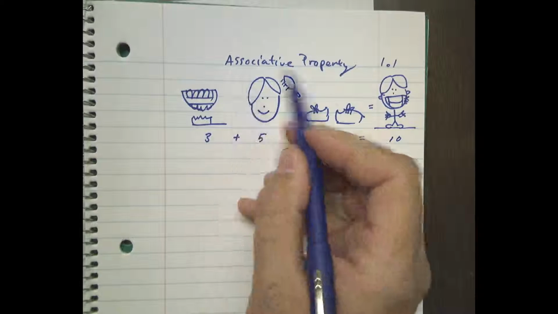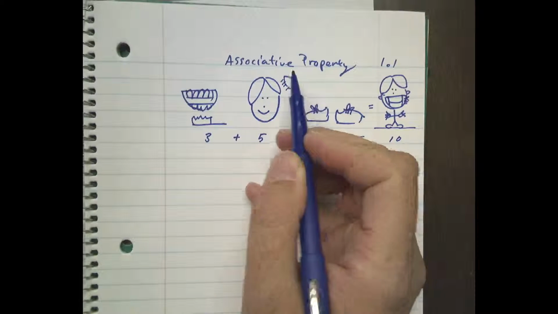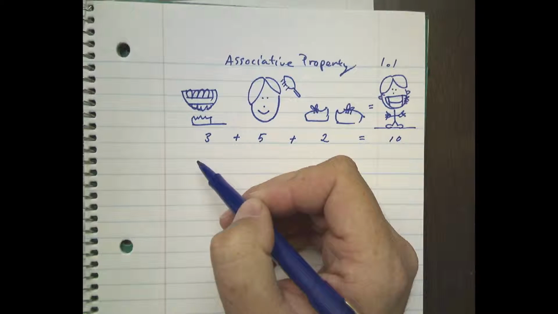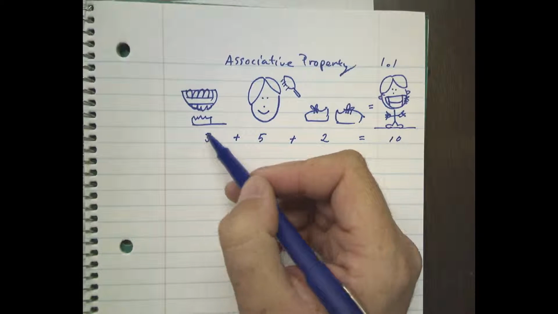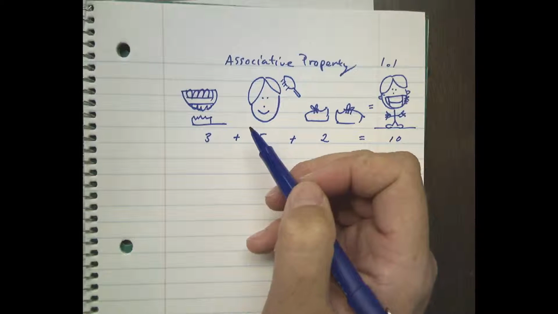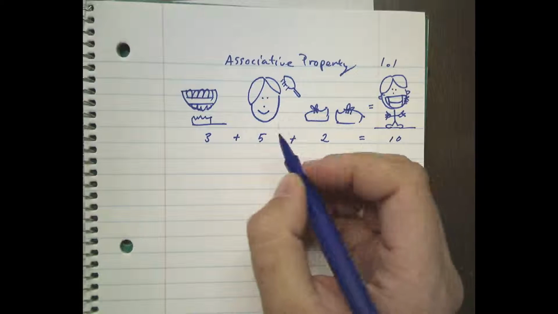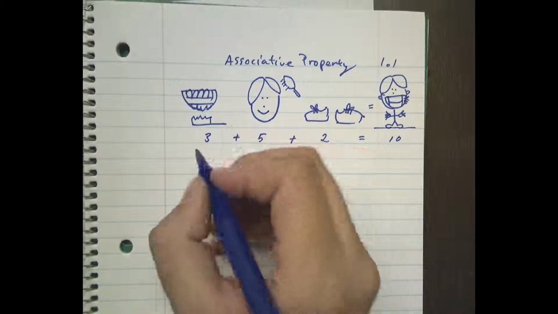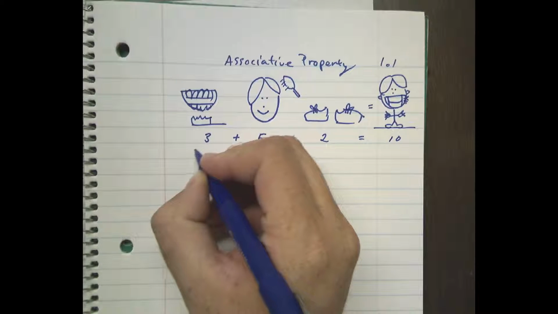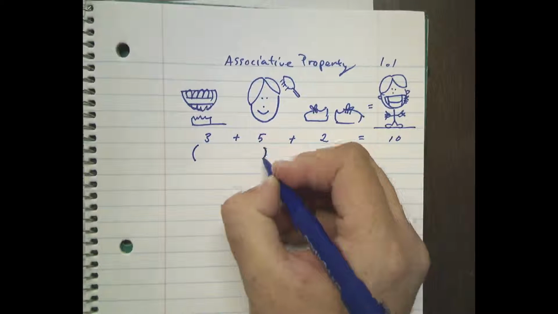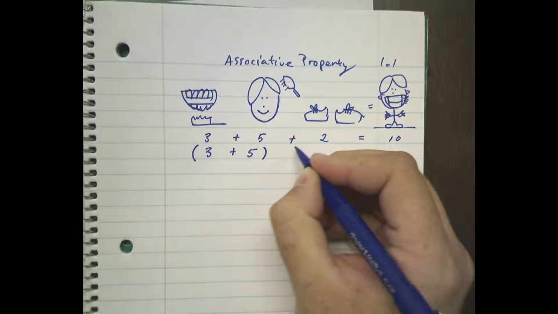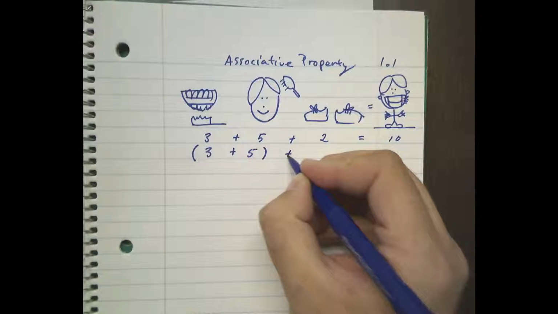Now, when we're talking about the associative property, we're grouping numbers together and grouping things together. So in the morning, I'm going to be brushing my teeth and brushing my hair at the same time in the bathroom, and then I will put on my shoes. When we group things together, in math we use parentheses like this, and so it's 3 plus 5, and then I'm going to be putting on my shoes.